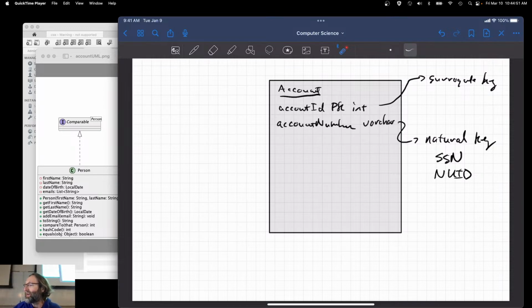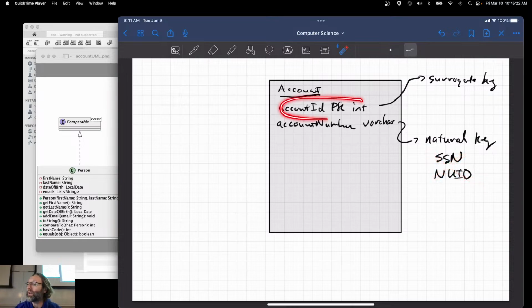But in any case, do you think in the history of the Social Security Office or in the history of UNL, nobody has ever screwed up and accidentally assigned the same NUID to two different people, or to the same person, one NUID? Nope. So we will not let these natural keys dictate to us the integrity of our database. If we have no control over them, they should not be controlling us.